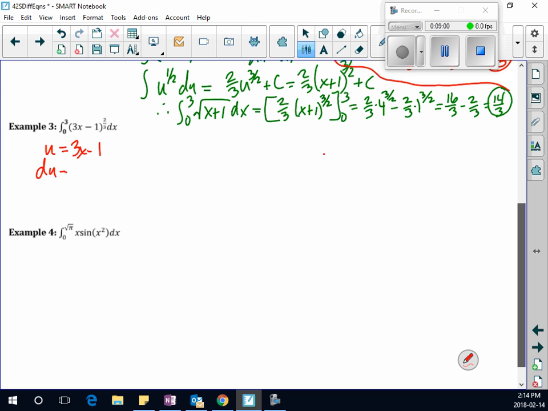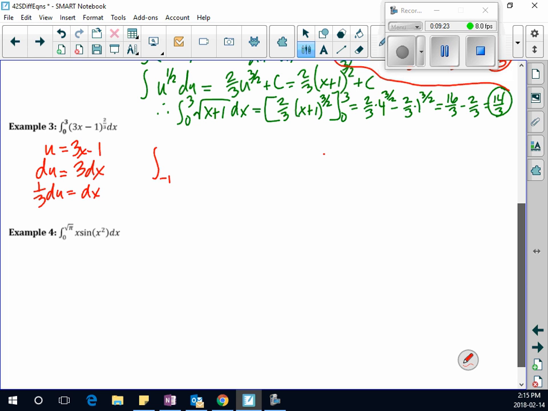du equals 3dx. So I gotta get dx by itself. So that would be 1/3 du equals dx. Yes? So now we're gonna rename this. Instead of 0, it's going to be -1, right?